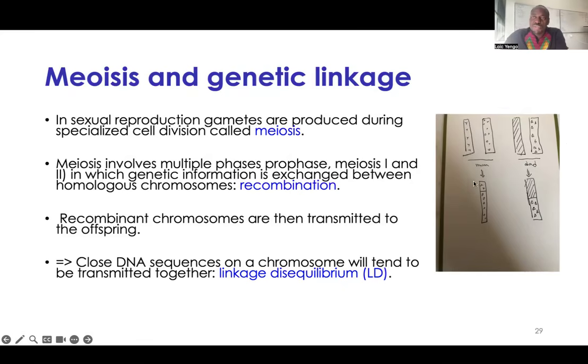They are also found in the recombined chromosomes, whereas some of the circles observed here in the maternal chromosome are also found in the kids. Which means that blocks of DNA that are close together on the chromosomes tend to also be transmitted together, and at the population level, that generates a correlation structure that is called linkage disequilibrium.